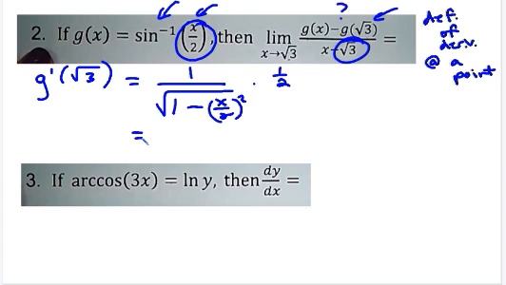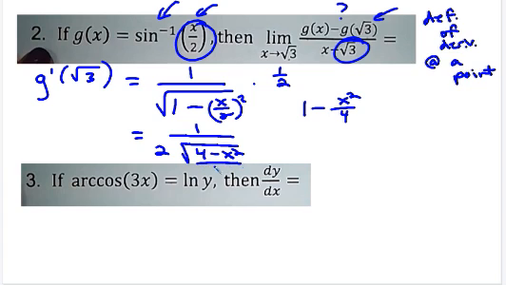So this is going to be 1 over 2 times the square root of 1 minus x squared over 4. I could clean that up and make it the square root of 4 minus x squared over 4, which means the square root of this 4 is a 2.